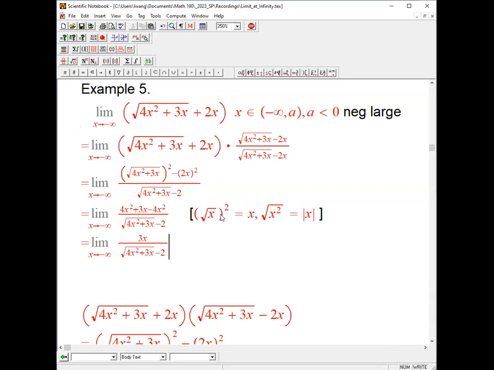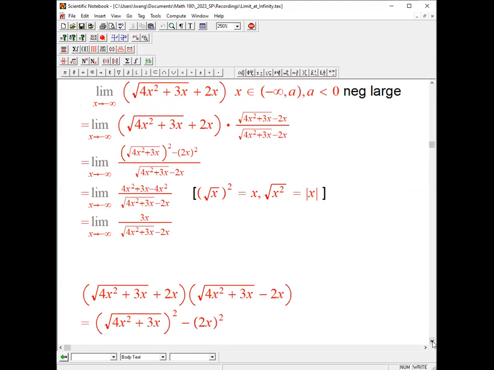Then what do we do? We still cannot put the limit inside. Why? Because as x approaches negative infinity, the bottom approaches, oh, this is 2x. I'm sorry, oh yeah, this is 2x. How did I do that? Yeah, I'm glad I found it. Otherwise, nobody's here to tell me, right?